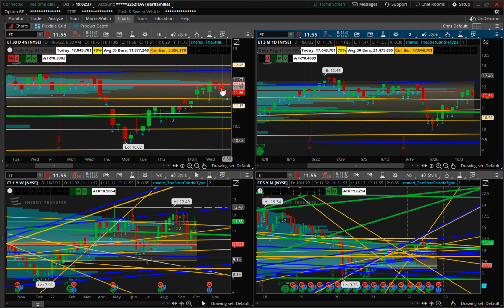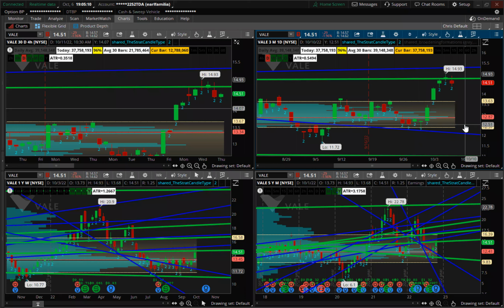Yeah, I think so too. Boss Game said he liked to take them when they're at a broadening formation, so I noticed it was at or around a broadening formation. So I'm looking to play it either way. If it continues down, then cool. If it tries to go retest, I'm there. Yes, sir. Right on.